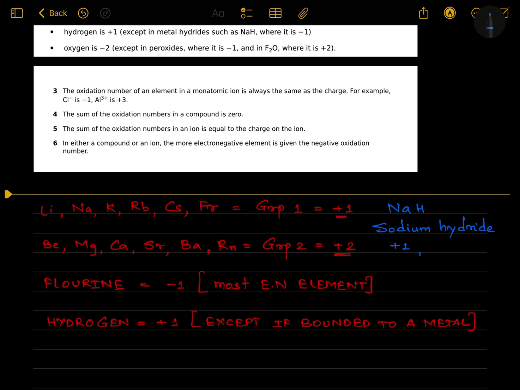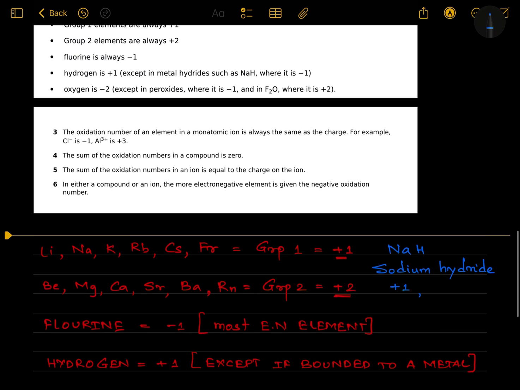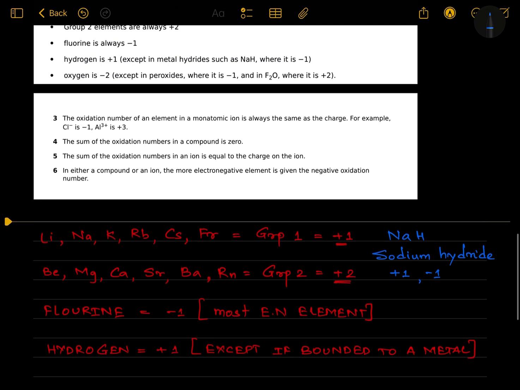Because you need a molecule to be neutral, right? You can't have a molecule with a charge. You can have an ion with charge, but you can't have a molecule with a charge, right? So if this is total +1, hydrogen needs to have -1, so that it becomes equal and opposite and neutralizes each other. Okay, am I clear with this?